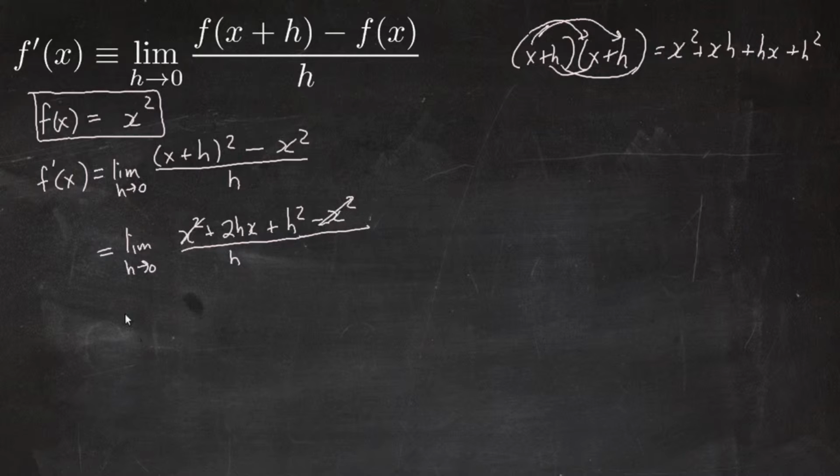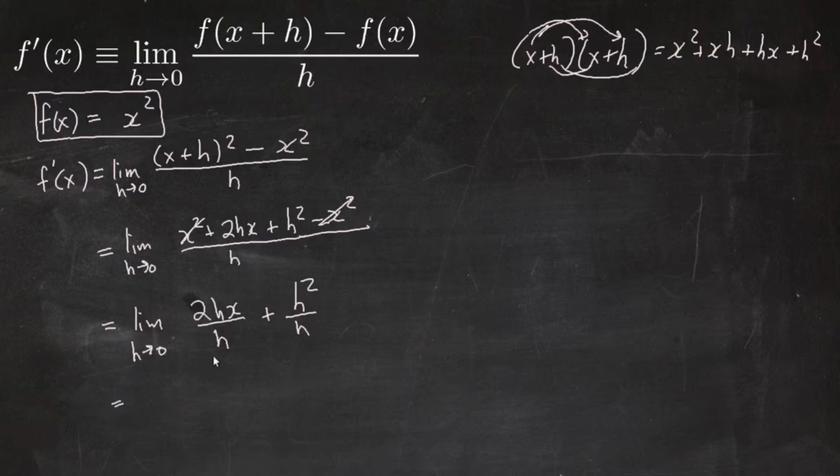So these two cancel. Simplifying, we see that we have the limit as h goes to 0 of 2hx over h. Let's actually split this into two fractions, plus h squared over h. So here, if h goes to 0 as fast in the numerator as it does in the denominator, even though this will be undefined when h is 0, if these approach 0 at the same rate, then the limit is still well defined.